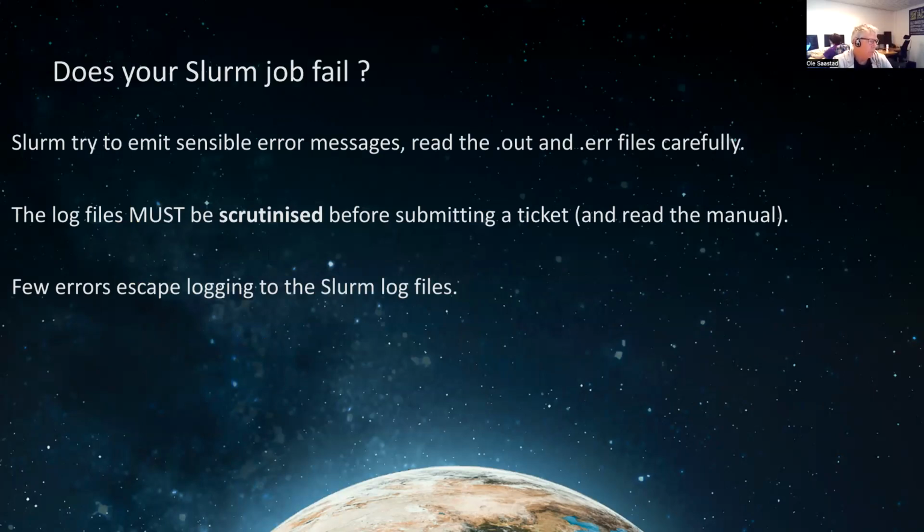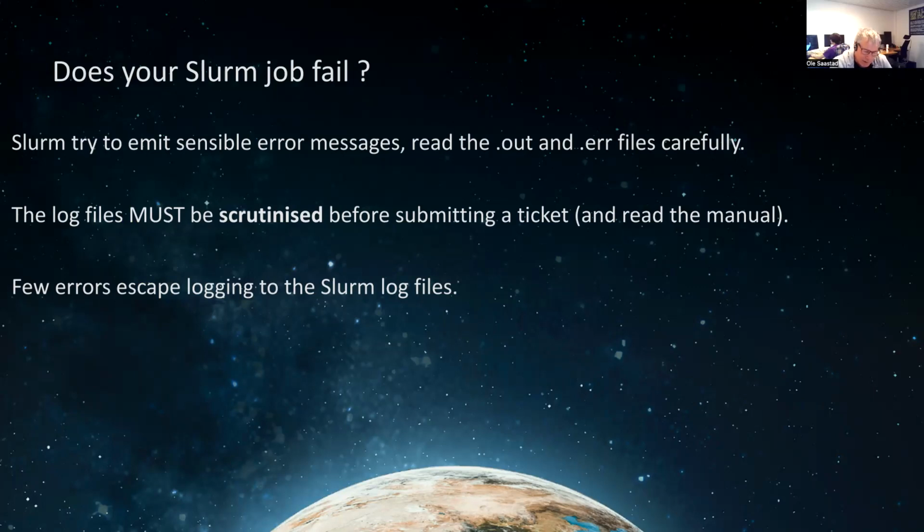So, does your job fail? Now we actually managed to start a job, but it failed. Slurm, again, does its best to emit sensible error messages. Read the out file or error files carefully. And it cannot be stated enough that you have to scrutinize those files before submitting a ticket.